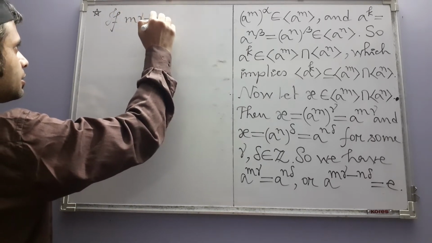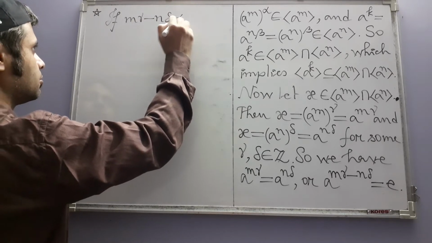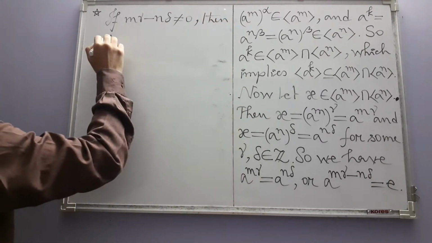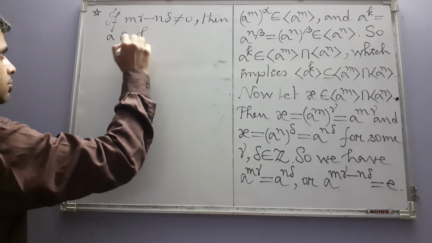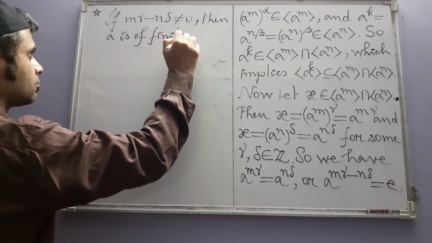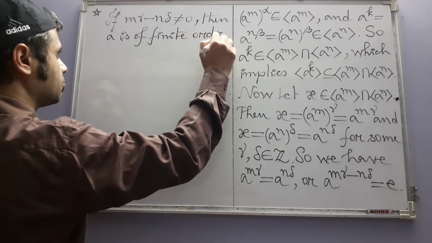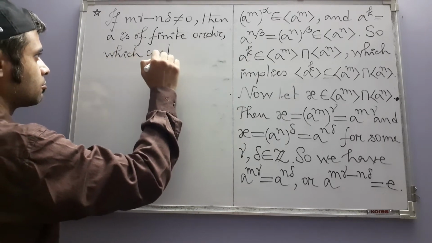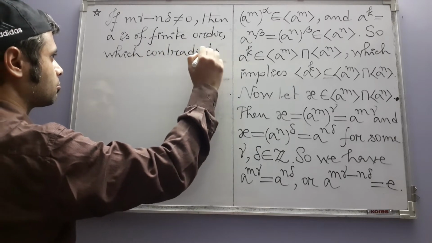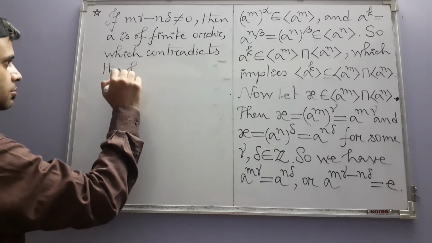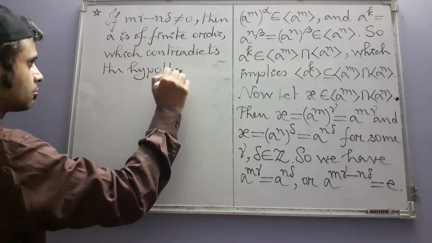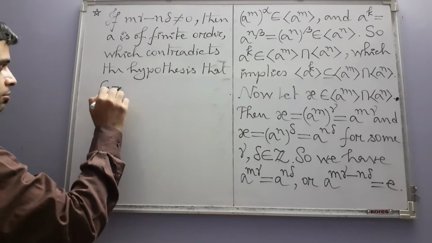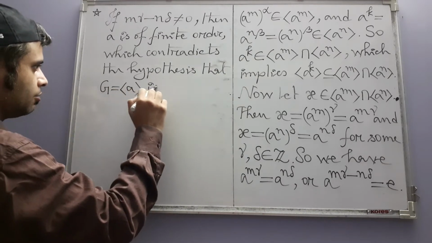If m gamma minus n delta is not equal to 0, then a is of finite order, which contradicts the hypothesis that this is infinite.